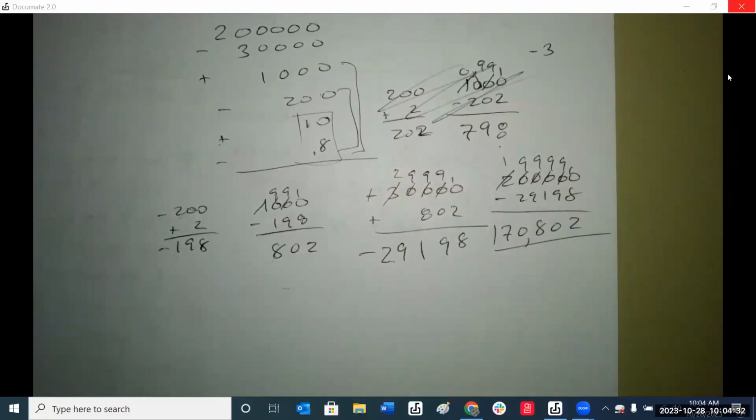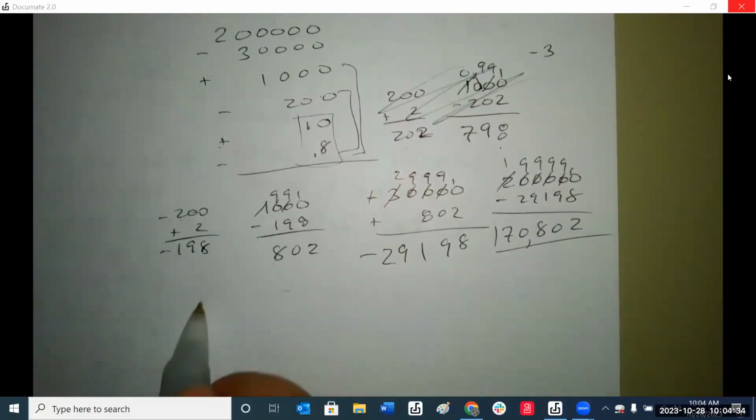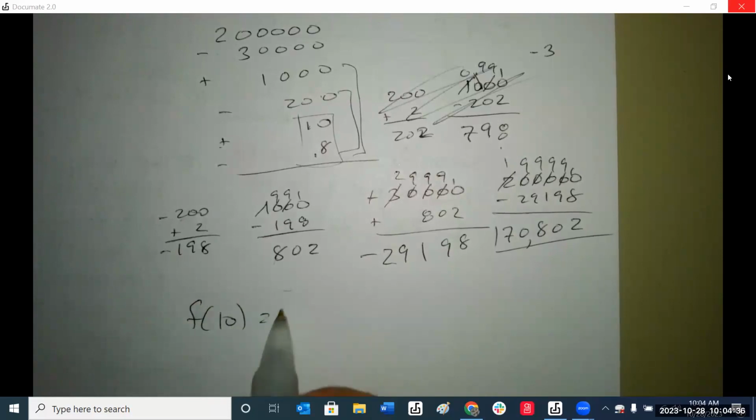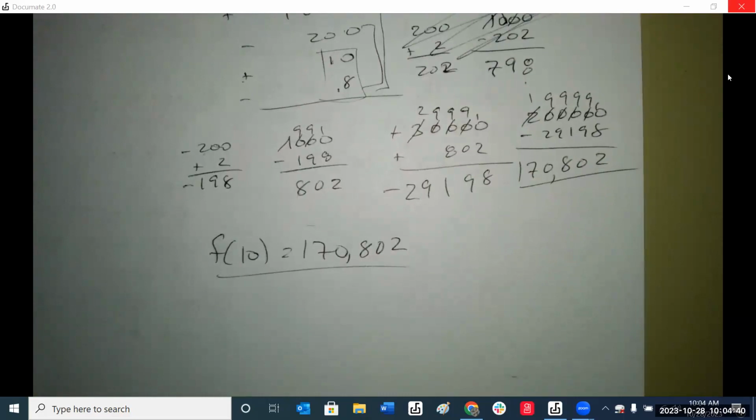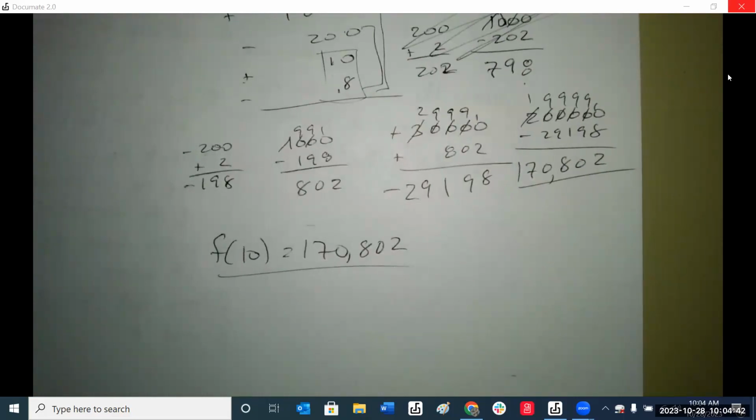So f of 10 will be 170802. Yeah, it's the same as we did last time.